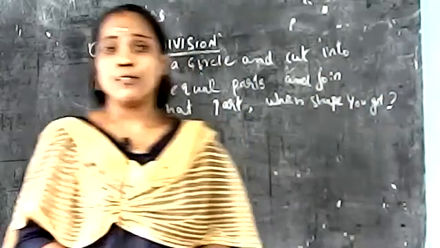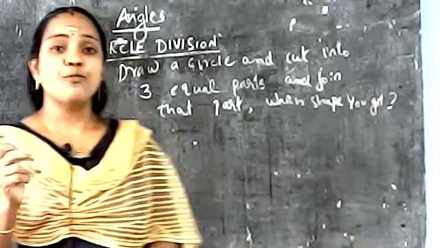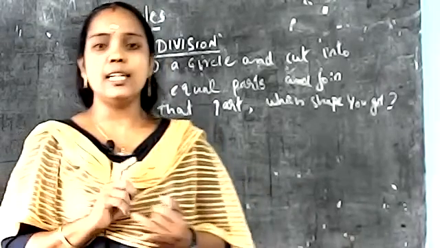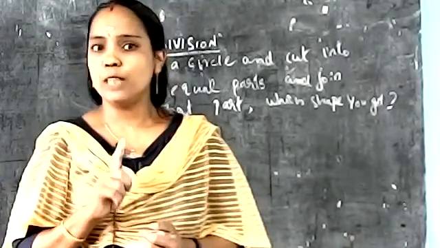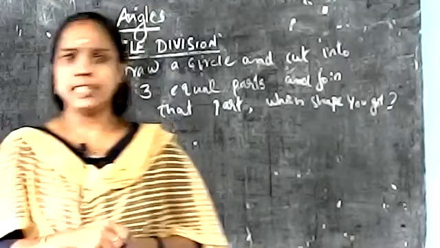In the previous class, we already drew some figures. Which figures did we draw? Triangle, rectangle, and one more figure. It is like a rectangle. What is the name of that shape? That was the homework.